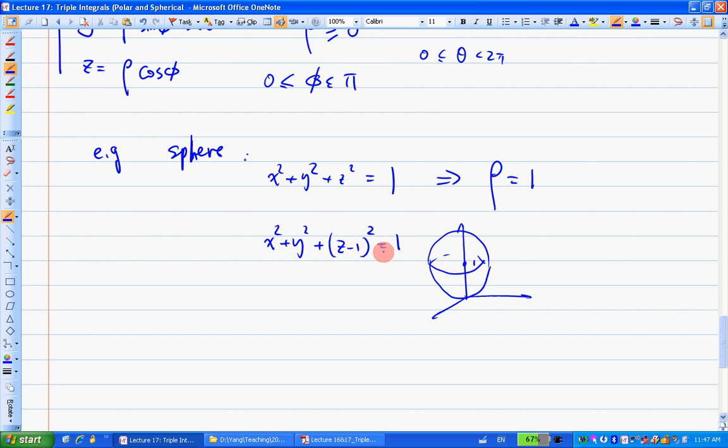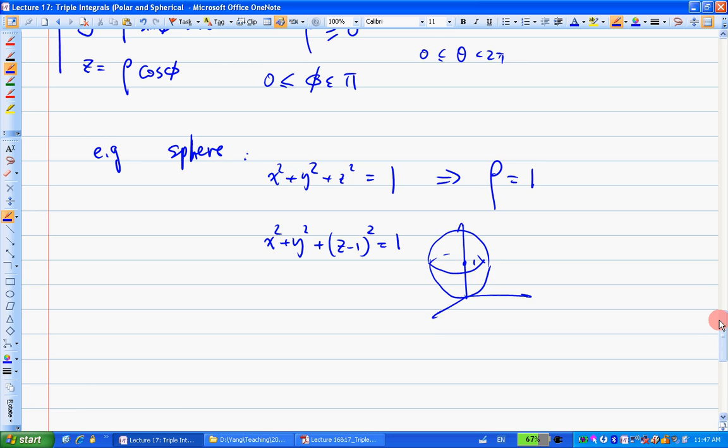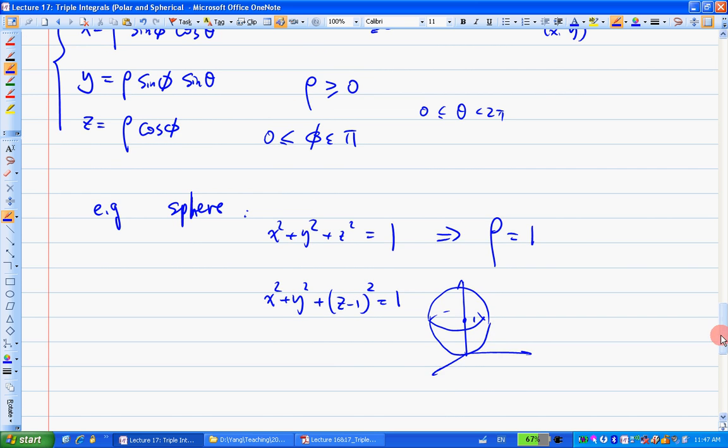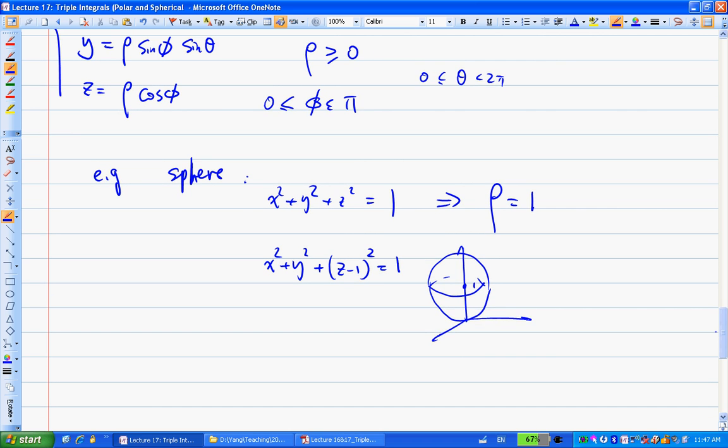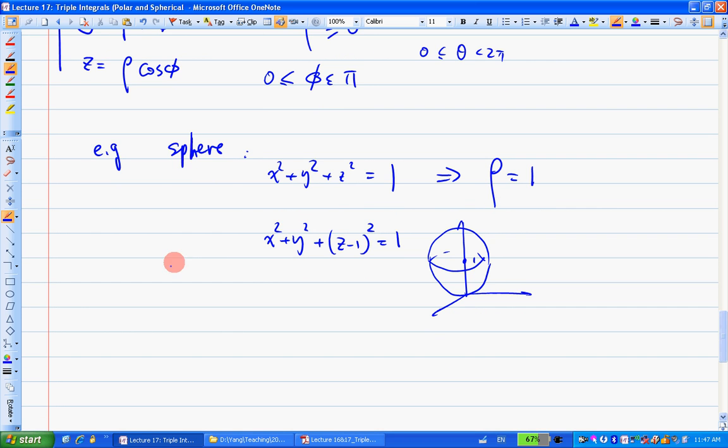Okay, so the next question is, what would be the equation in spherical coordinates for this one here? How do we do that? We can do the same thing as I was talking about: substitute x over here, y over here, and z over here. I'll let you practice that.